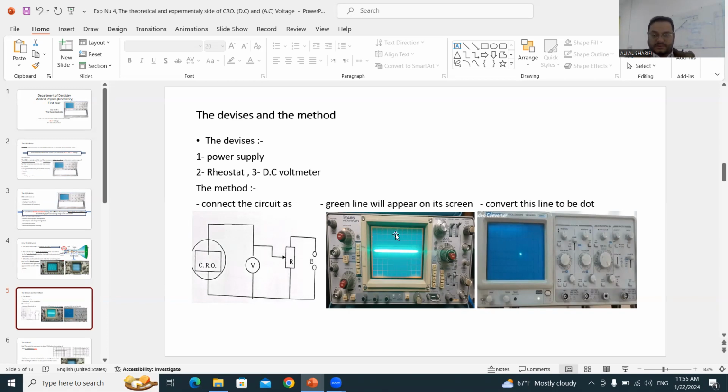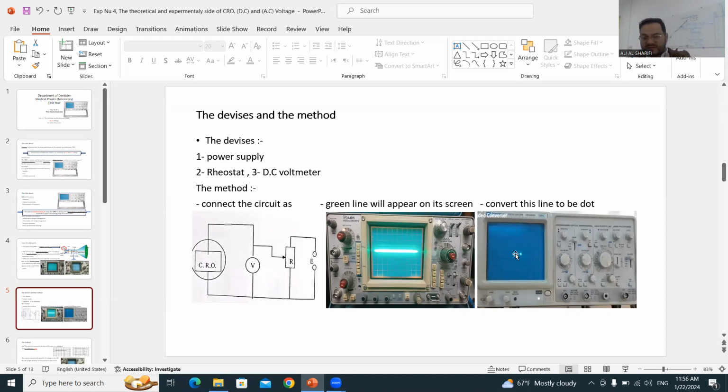Perpendicular. Okay, the dot here: at first, to be sure my results will be right, I must make this dot at the center, meaning the voltmeter equals 0 volts.